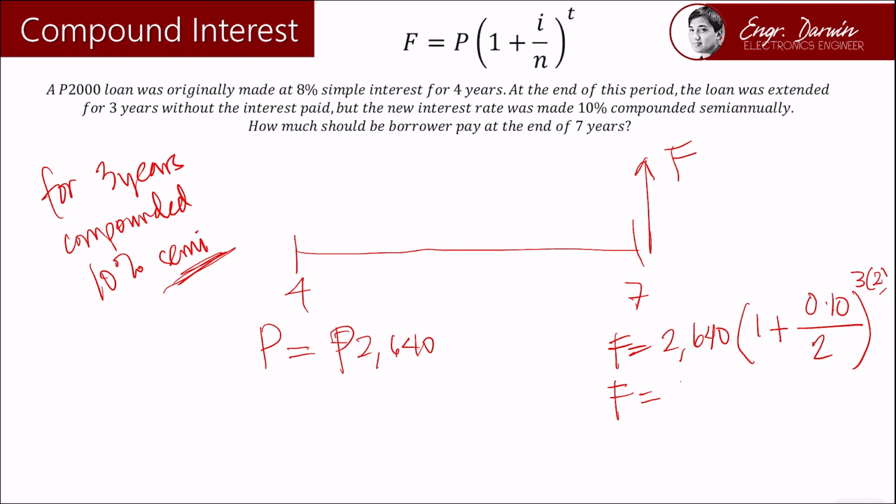And our final answer, or the amount that the borrower should pay after 7 years from a 2,000 peso loan, is around 3,537.85 cents. Okay, so after 7 years, the borrower should pay this amount because of the loan.